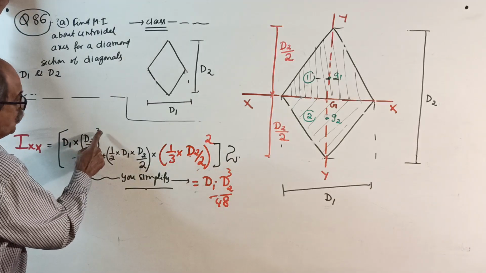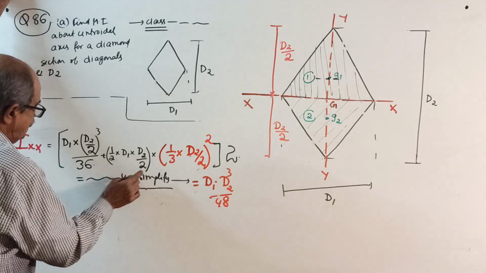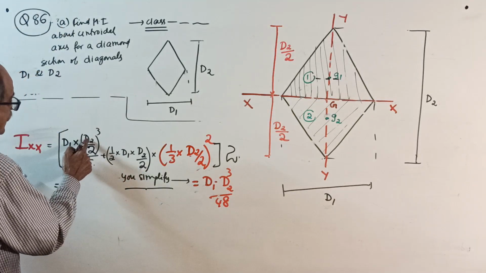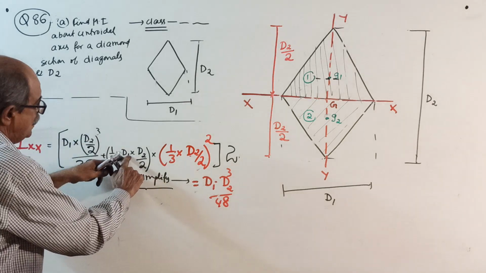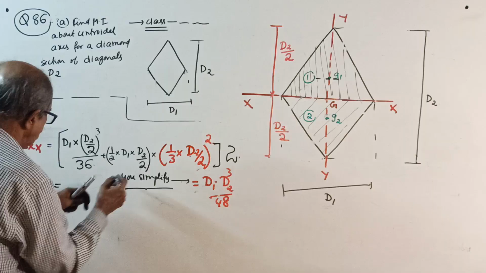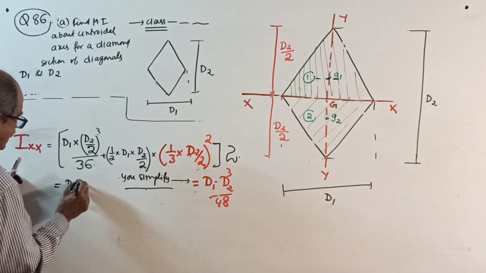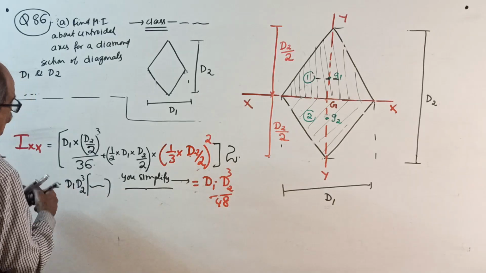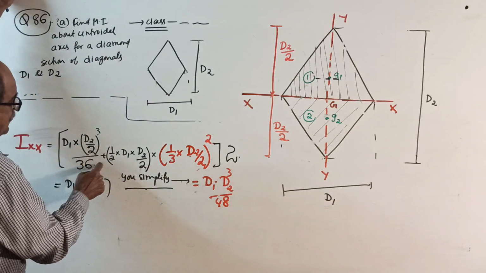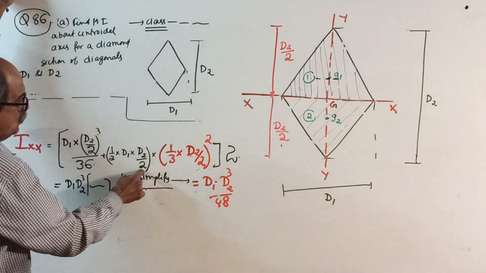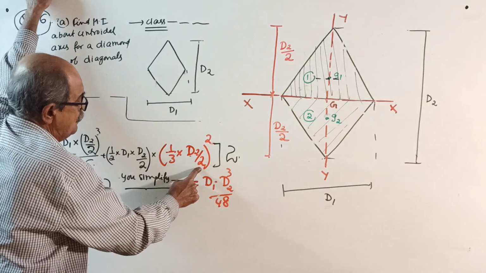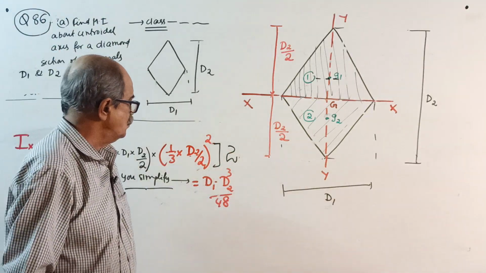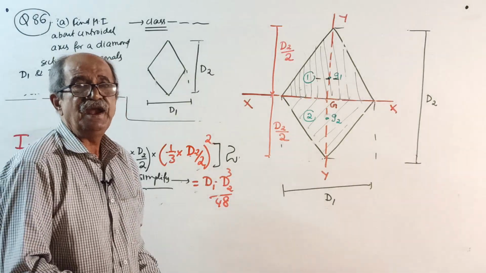D1 into D2 cube, D1, D2 into D2 square, D1, D2 cube comes outside. Then simplify. 1 by 8 into 1 by 36 plus 1 by 2 into 1 by 2 into 1 by 9 into 1 by 4. When you square it, multiply by 2, you get D1 into D2 cube by 48.